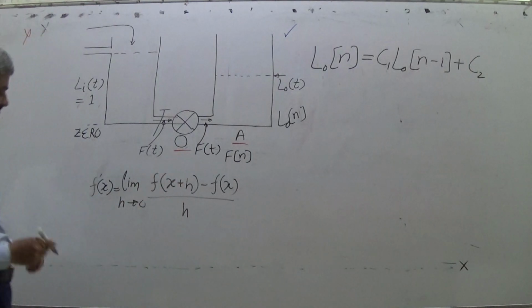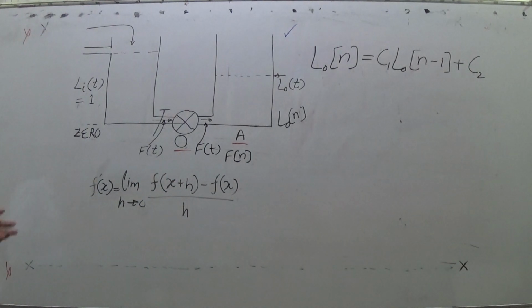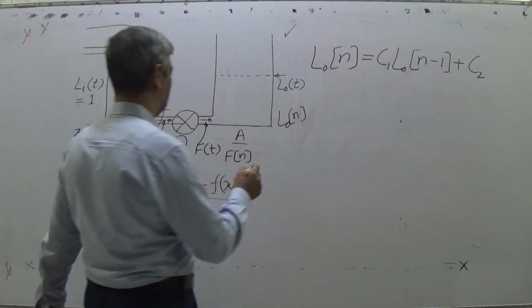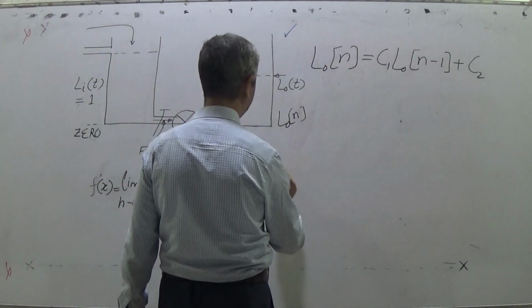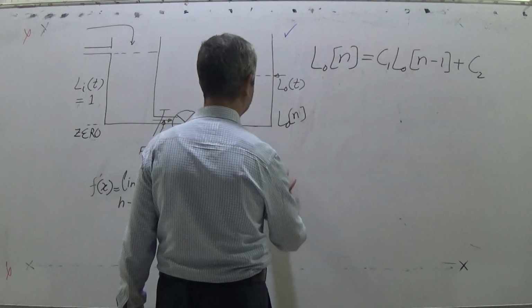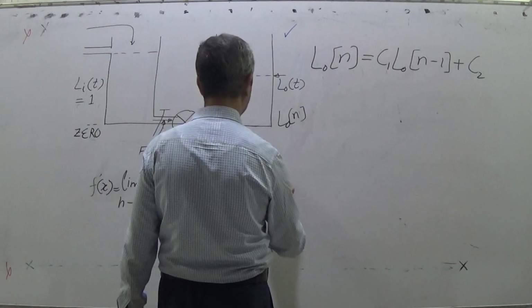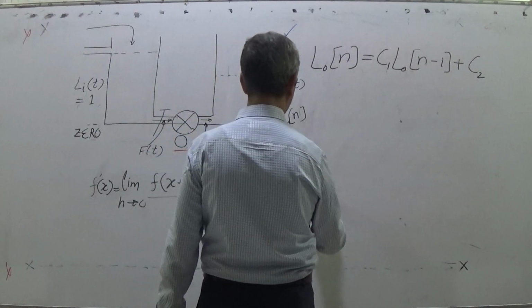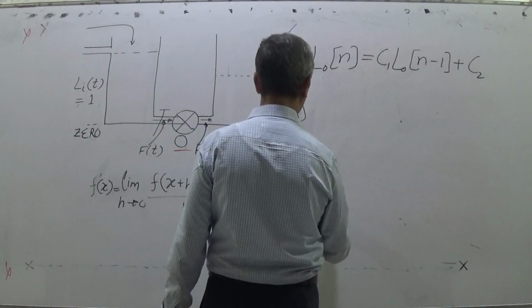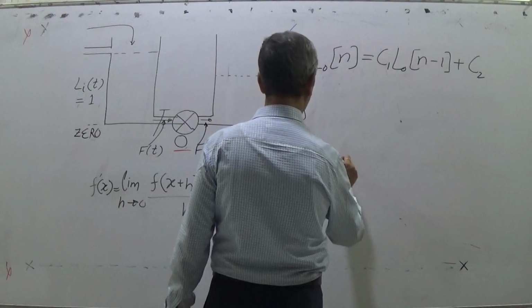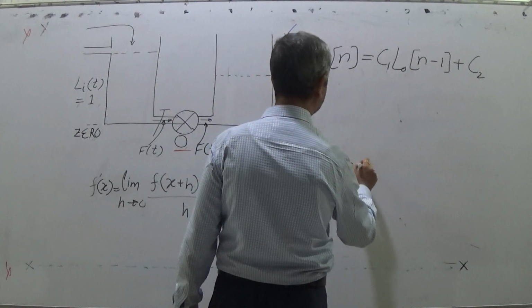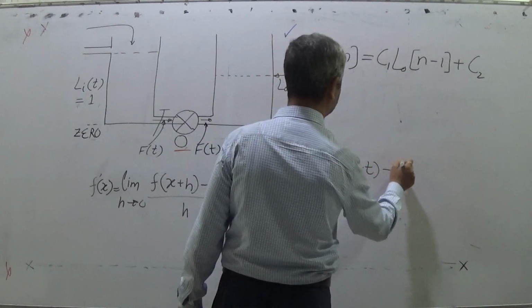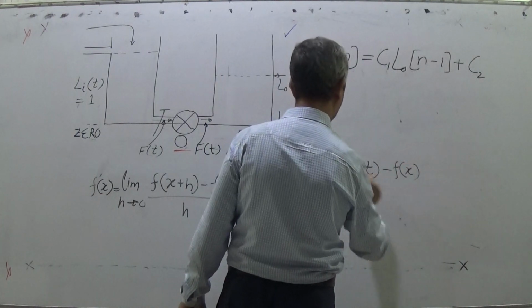I think you must be remembering this. This we also call dx by dh, or in general dy by dt, or we can say dx by dt, why we use time, is equal to limit as t tends to 0 of f of x plus t minus f of x upon t.